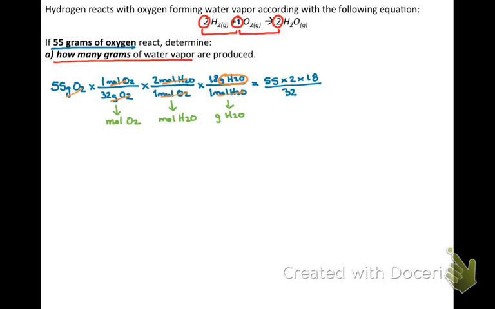Now I know that the units here will be grams of H2O, and then what I have is 55 times 2 times 18 divided by 32. We have 61.875 grams of H2O. This is one of the possible procedures you can follow.